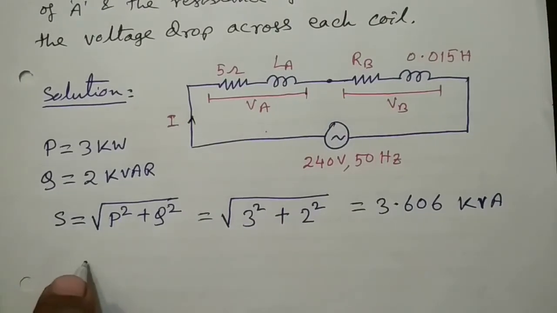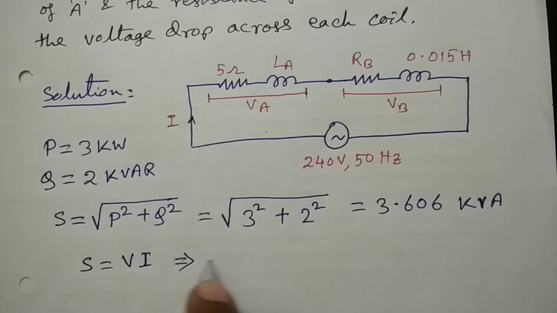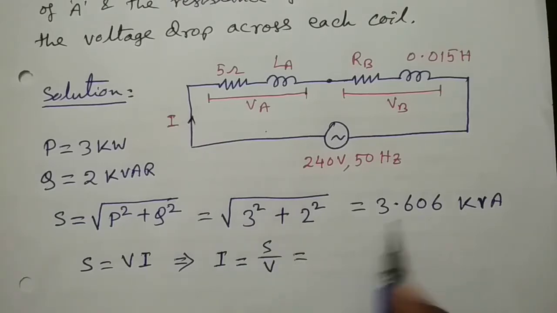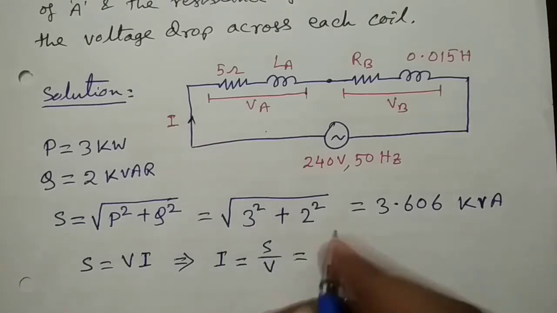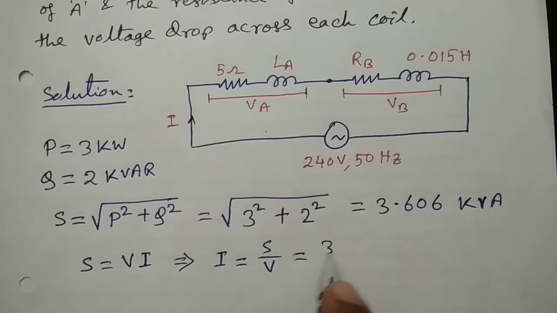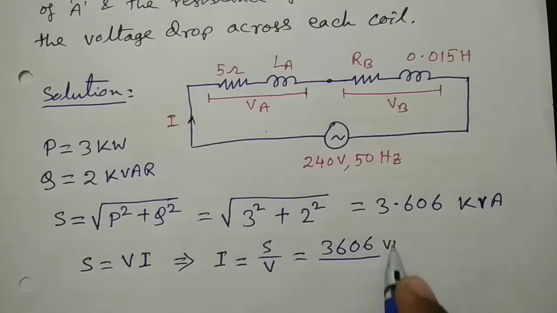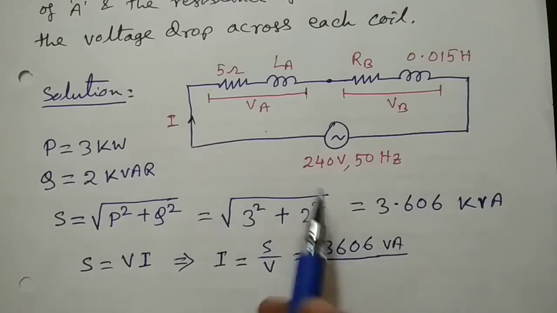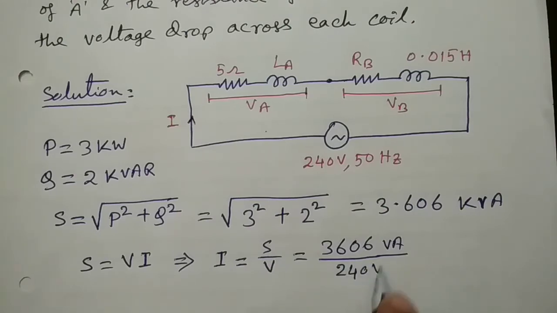The another formula of S is the product of RMS voltage and RMS current. So from this relation we can find the current I as S upon V, where S is 3.606 kVA, or we can convert it in VA, that is 3606 VA, and the voltage is given as 240 volt.